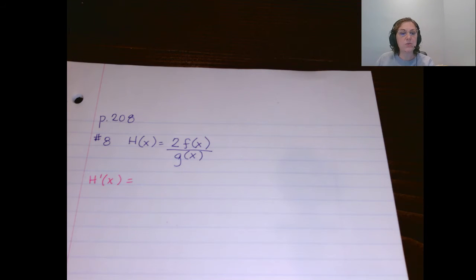So first things first, in order to find the equation of the tangent line, we've got to find the derivative because that's going to give us the slope of the tangent line. So I'm going to find the derivative here using the quotient rule. You'll remember we talked about low d high minus high d low over low squared. So I'm going to play that out.